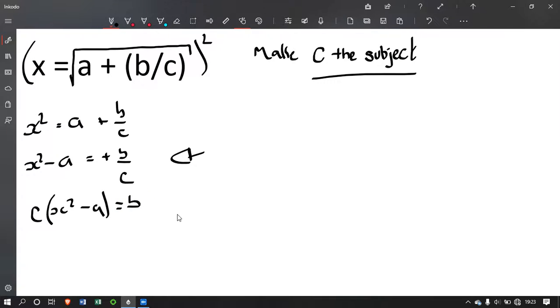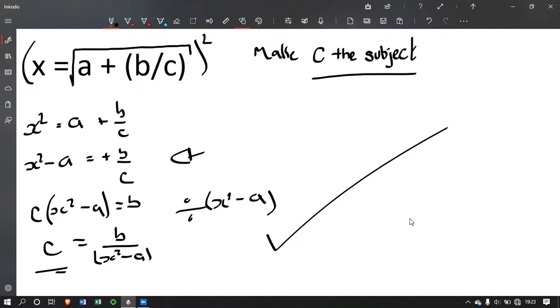However, we don't want B to be by itself. We want C to be by itself. So now we can divide everything by x squared minus A. Let's do that. Then we get C is equal to B over x squared minus A. And now C is the subject, so we got that right.